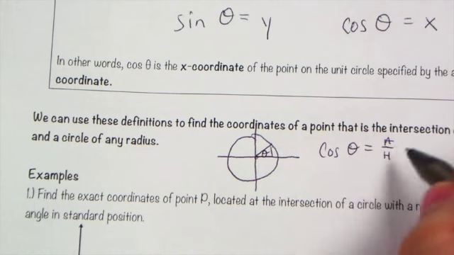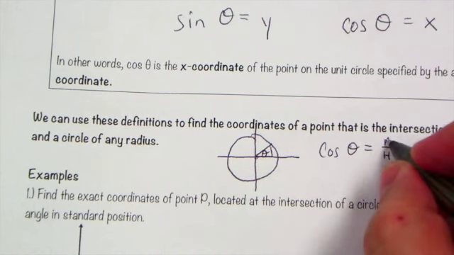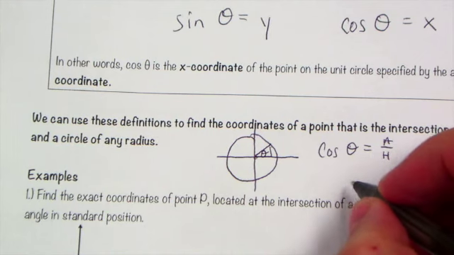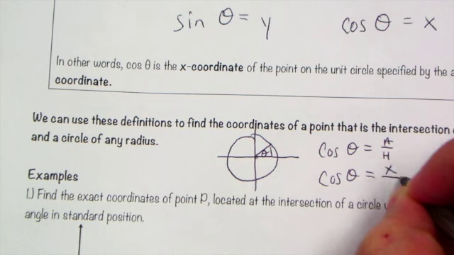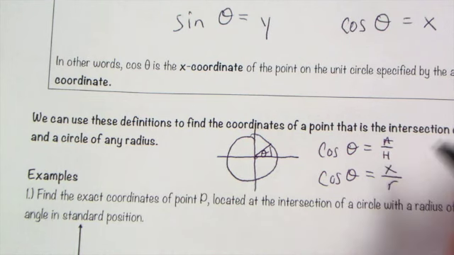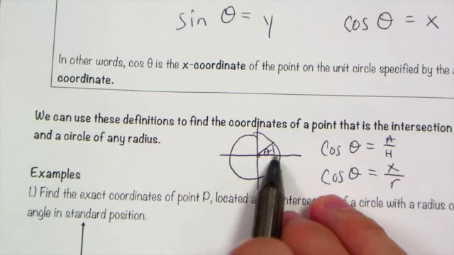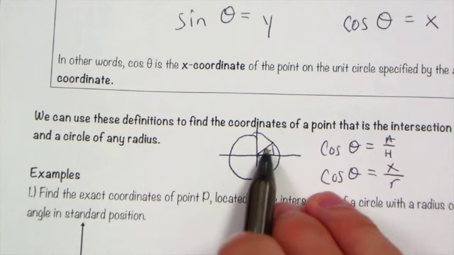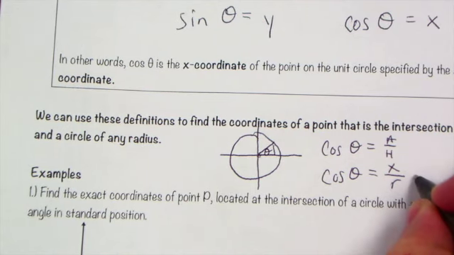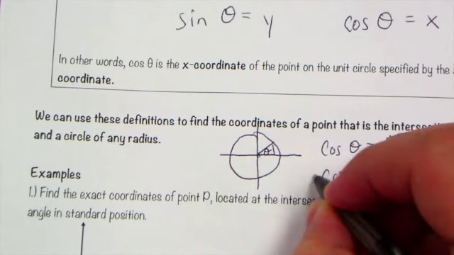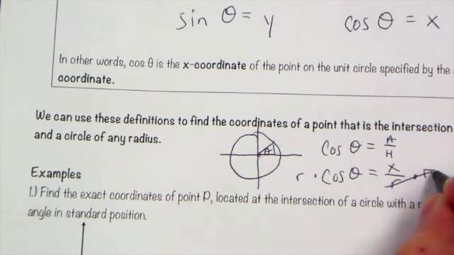Well, the adjacent ends up being just the x, so cosine of theta ends up being the x, and the hypotenuse ends up being the radius. So adjacent is x, hypotenuse is the radius. If we were trying to get what x is, we can multiply both sides by the radius and get that r times cosine of theta equals x.